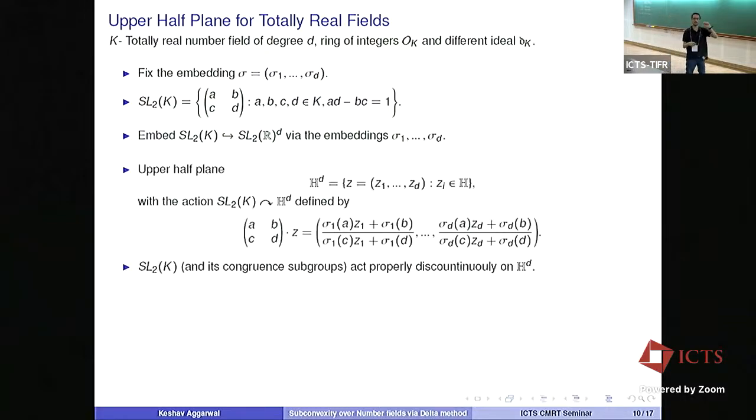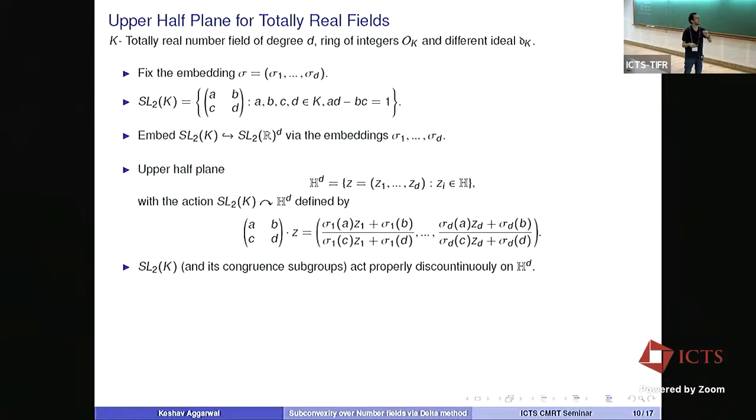And all of this acts on the generalized upper half plane. The upper half plane over here is going to be a product of your usual upper half planes, and this does act by Mobius transformations. By fixing these embeddings, you can act by Mobius transformations on each of these D different embeddings.